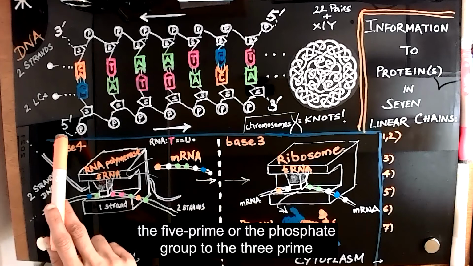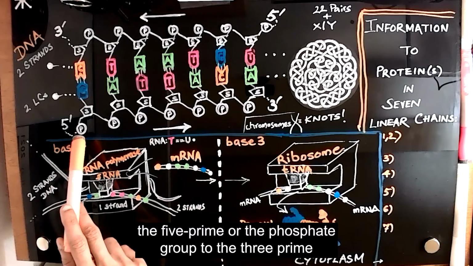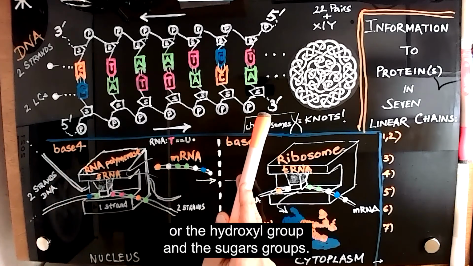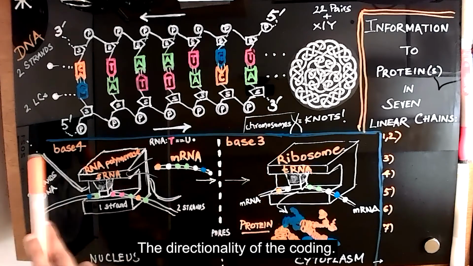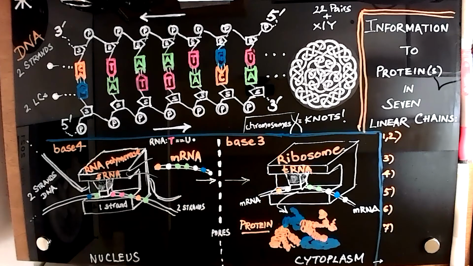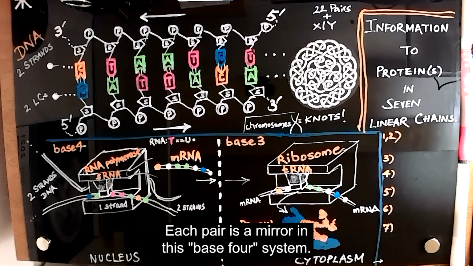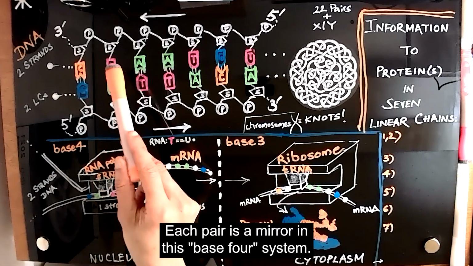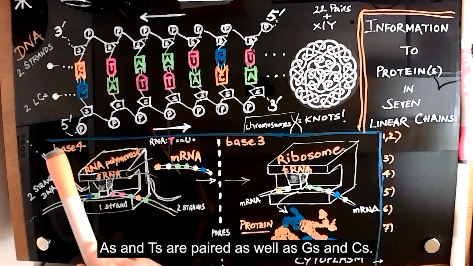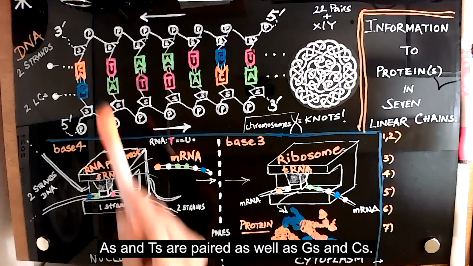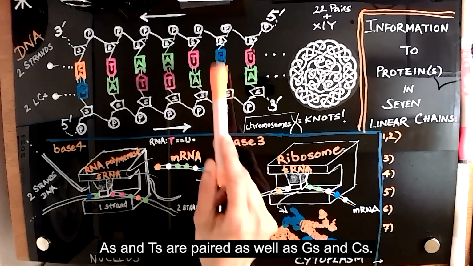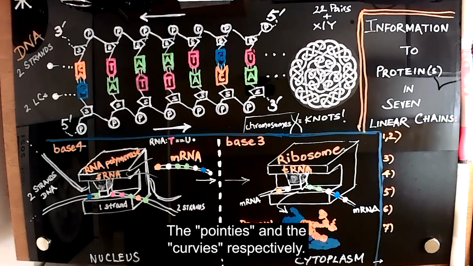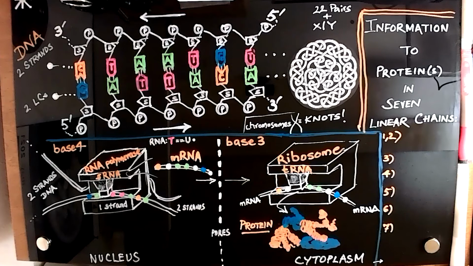The 5' or the phosphate group to the 3' or the hydroxyl group in the sugars forms the directionality of the coding. Each pair is a mirror in this base 4 system. A's and T's are paired, as well as G's and C's, the pointies and the curvies respectively.